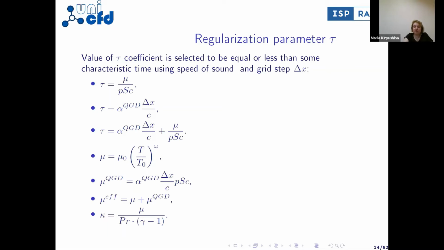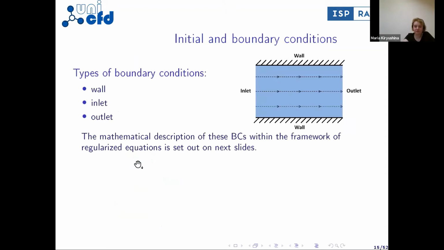Mu QGD equals tau times pressure times Schmidt QGD, where Schmidt QGD is a constant in a range from 0 to 1. We also need the heat conductivity coefficient kappa, depending on Prandtl number and gamma.